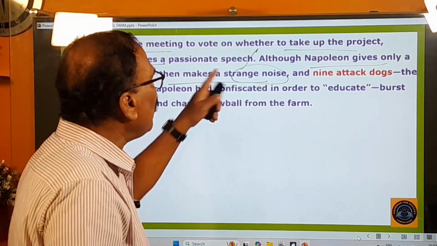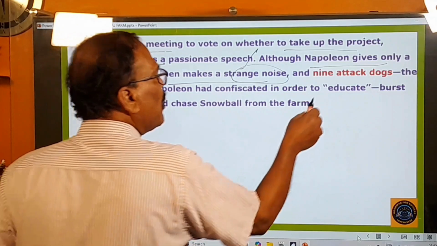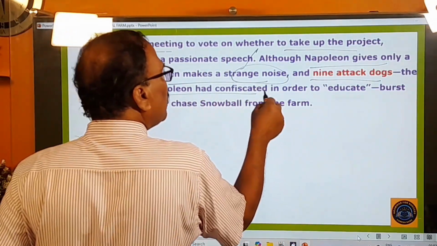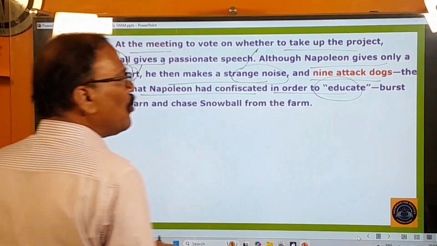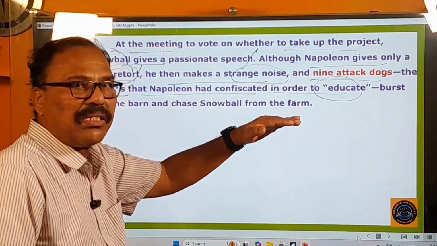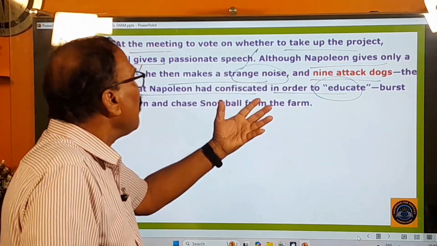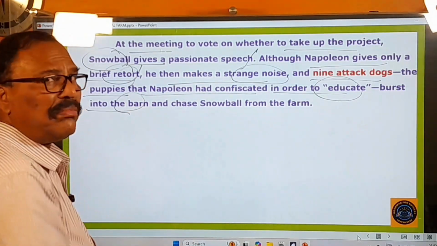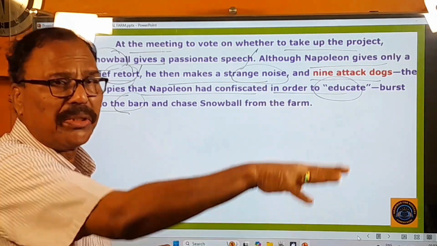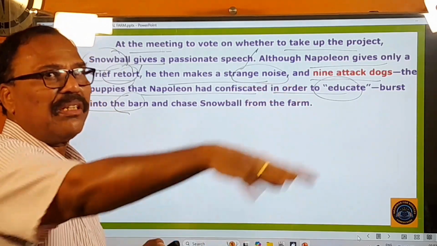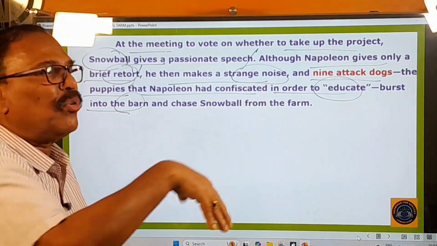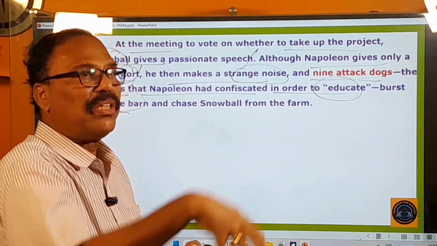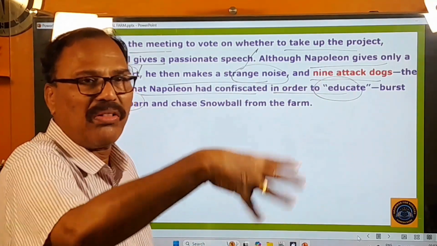He makes a strange noise, and immediately nine attack dogs, the puppies that Napoleon had confiscated in order to educate, burst into the barn, into that meeting hall. A barn is the room where grains are stored. Some meeting was going on with all the animals.